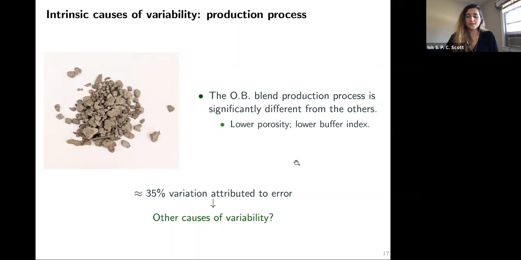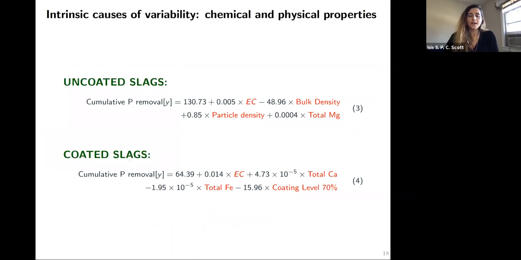So we went to find other causes of variability. And that's when we analyzed the chemical and physical properties of steel slags. So you see these models in here, and we use these models to predict the ability of steel slag to remove phosphorus.